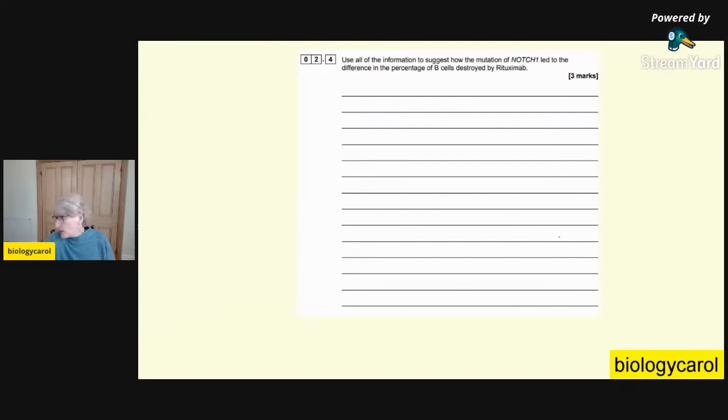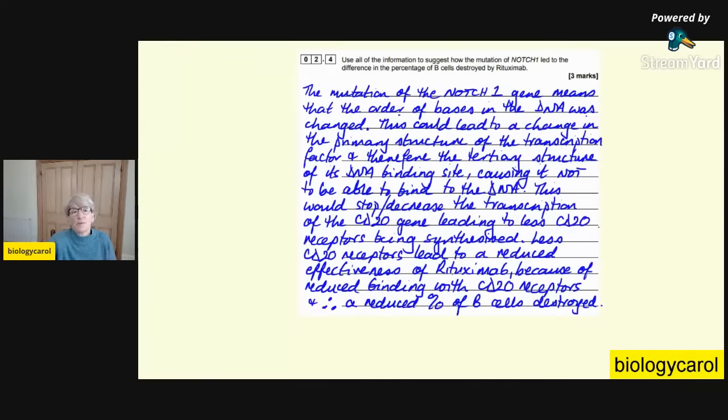This might be a bit of a blurby question, Harriet. Use all the information to suggest how the mutation of Notch1 led to the difference in the percentage of B cells destroyed by rituximab.